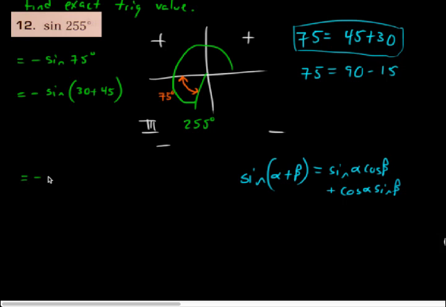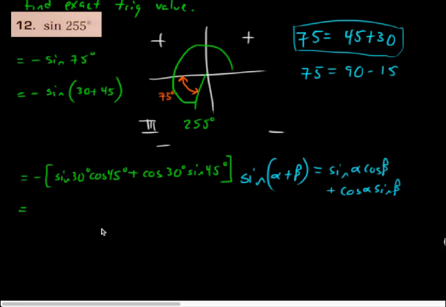And let's see, I'm going to continue with this down here. So the opposite of, that would be sine 30 cosine 45 plus cosine of 30 sine of 45.